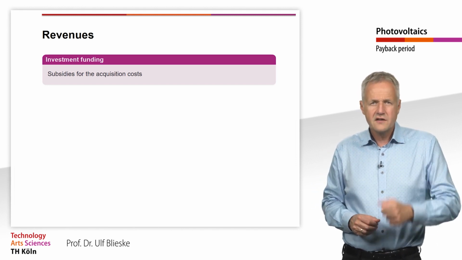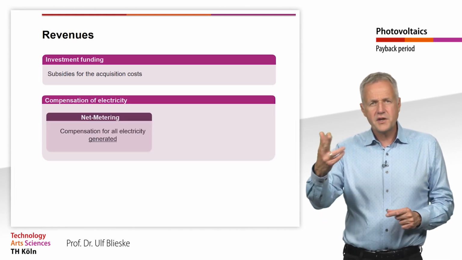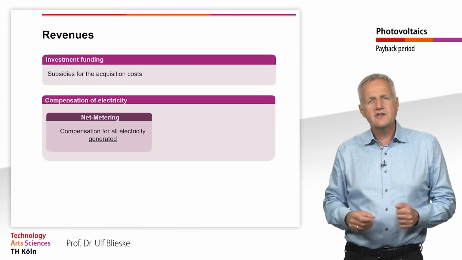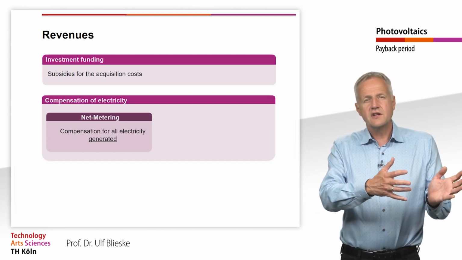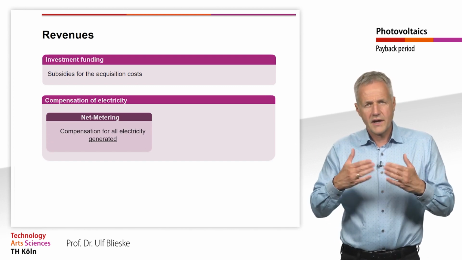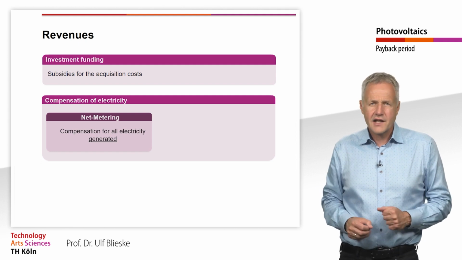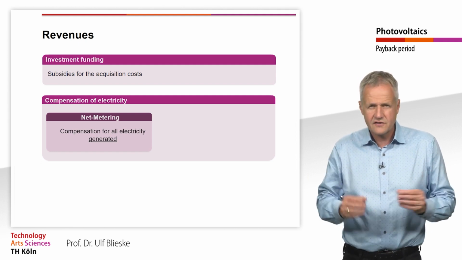The first model is the so-called net metering. Here, a bidirectional meter is used to measure the electricity fed into the grid and the electricity drawn, which can run both forward and backward. This way, the electricity fed into the grid is offset against the electricity drawn.